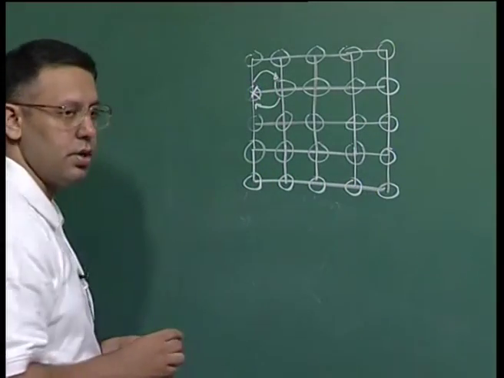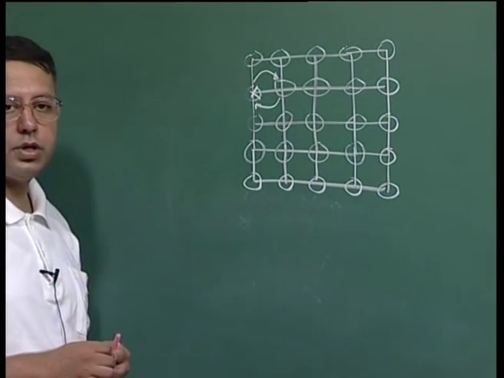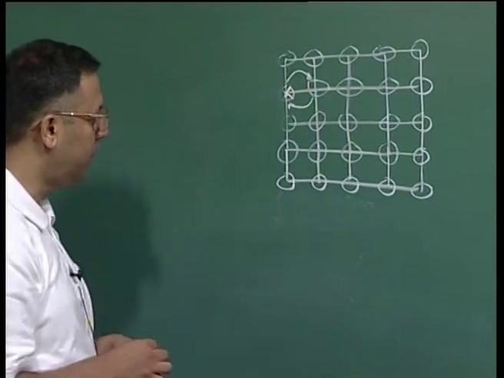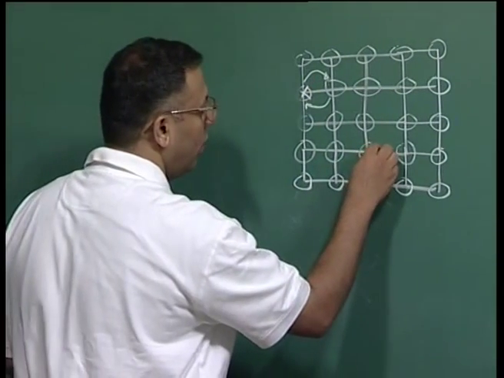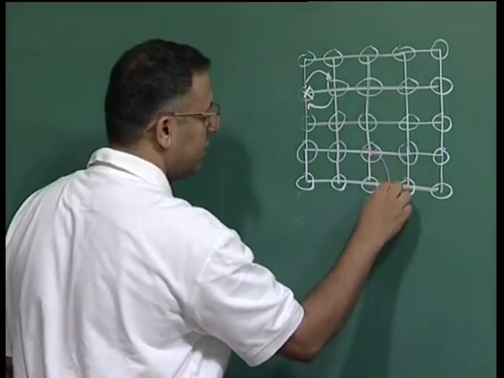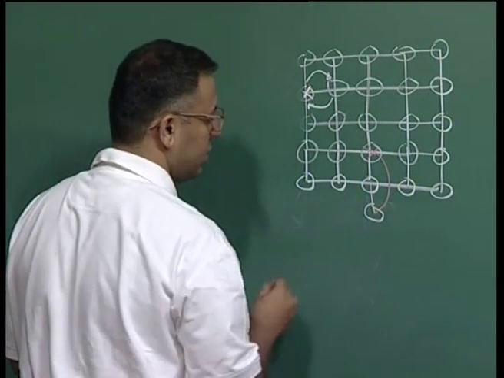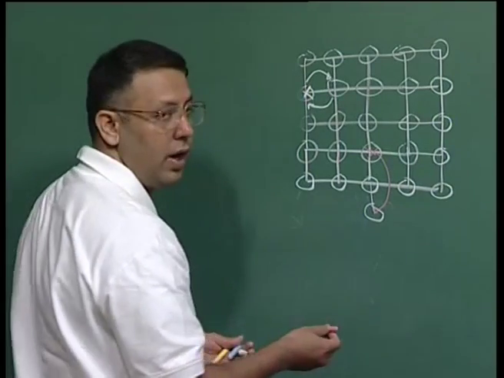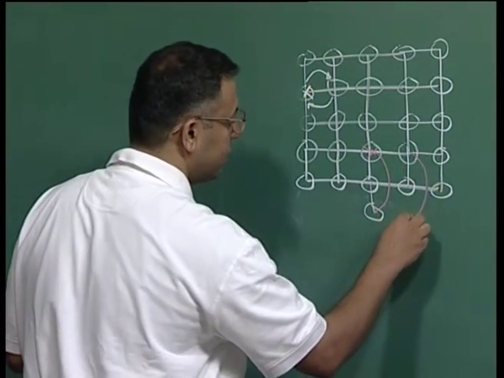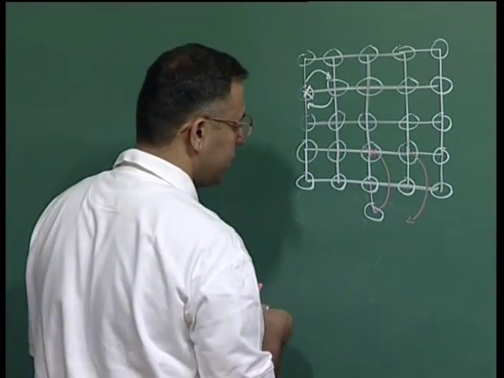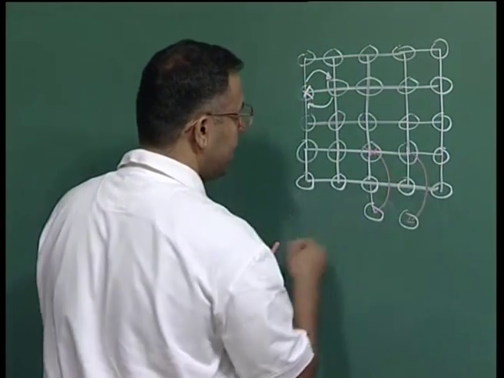As I heat this crystal, the equilibrium concentration of vacancies has to increase. That means more and more atoms would go and sit on the surface. This will become a vacancy and this atom will go sit on the surface, which will now correspond to a lattice position. At even higher temperature, more atoms will go and sit on the surface, and therefore I will have a vacancy here.